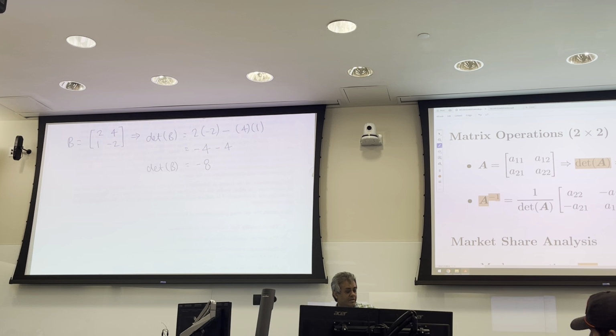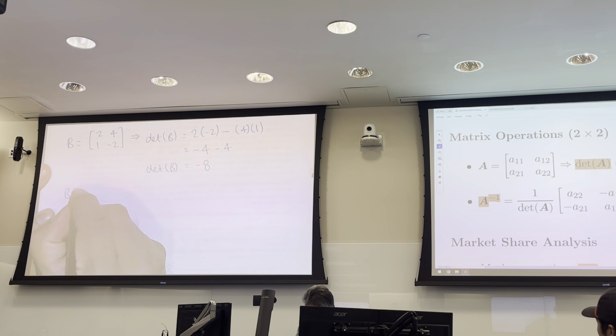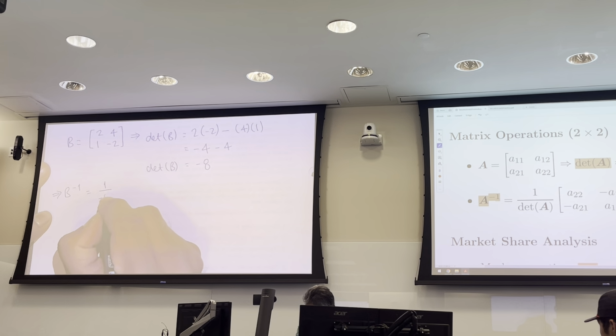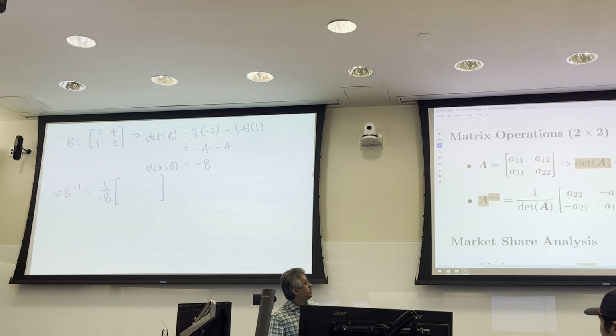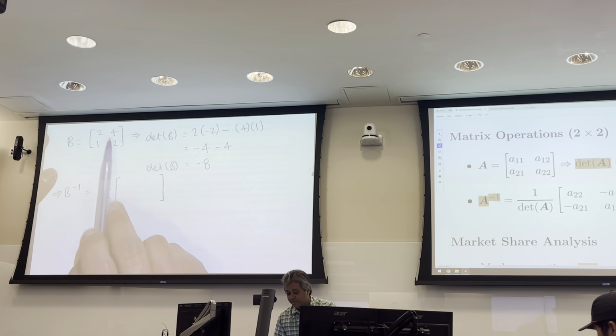So let's find B inverse now. Remember, it's 1 over the determinant times the adjugate matrix. The main diagonal elements, B11 and B22, switch positions.